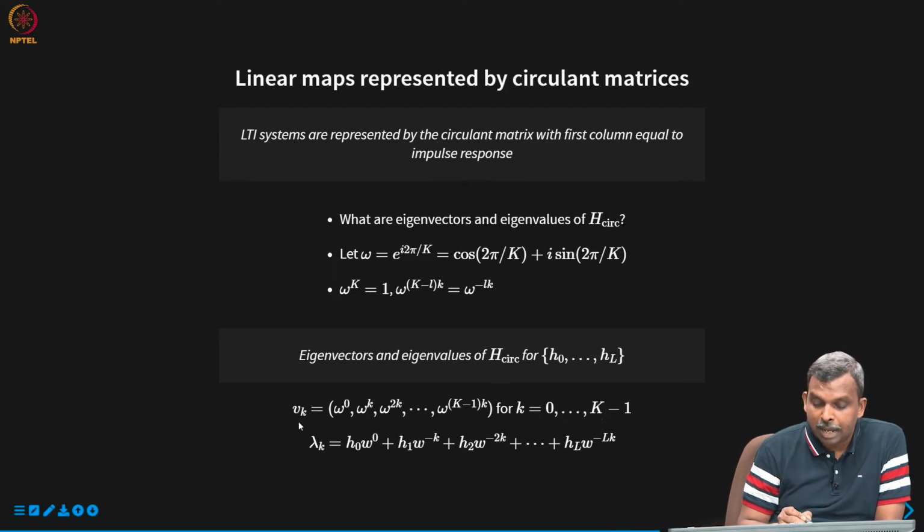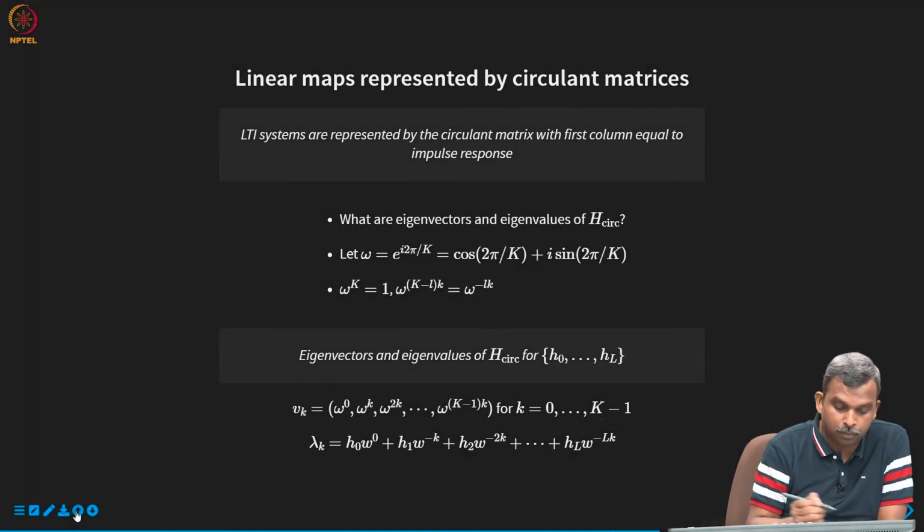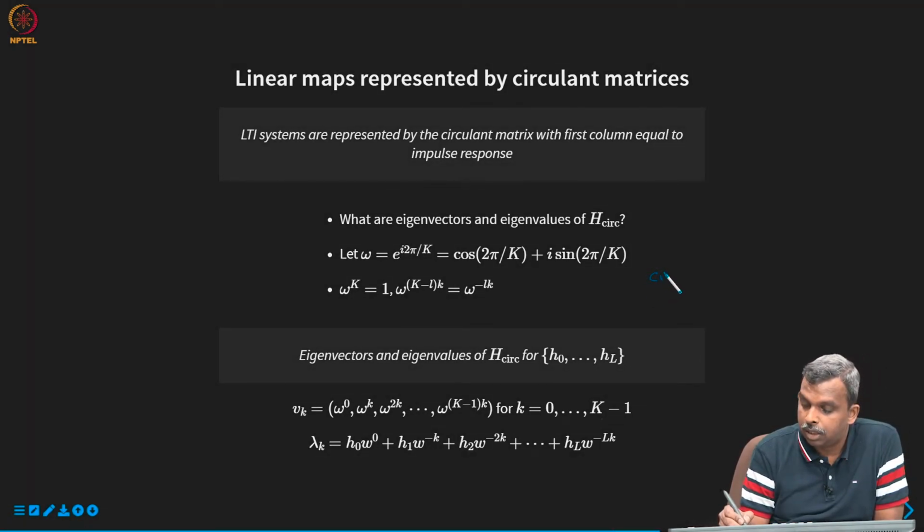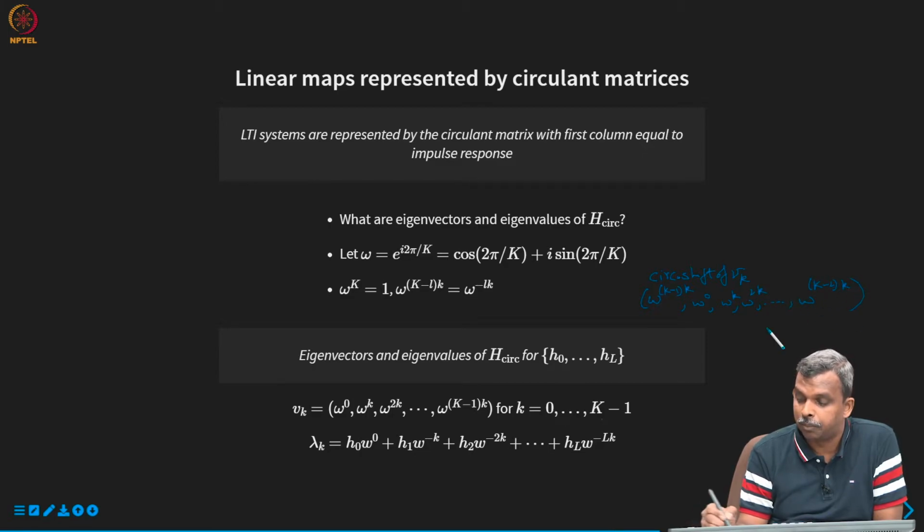Now notice what happens if I right circular shift V_k. Let me write that down here. The circular shift of V_k will simply be, let me do it in some direction, omega^((k-1)k), omega^0, omega^k, omega^(2k), and so on till omega^((k-2)k), isn't it?